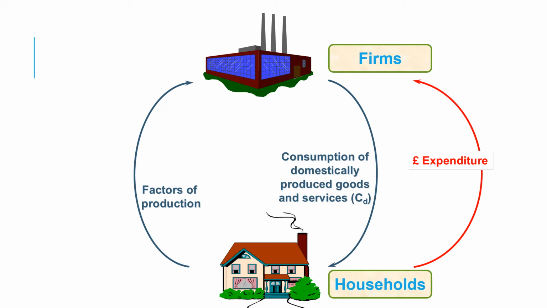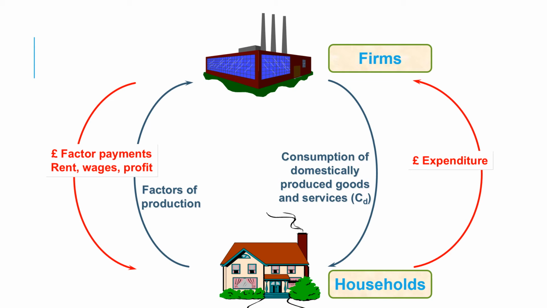Well, maybe they would pay their workers, or maybe the profits would go to the owners. Effectively, that money would flow back to the households at some point through either rent or wages or profits. So here we have a constant flow of money going around the economy. Households spend money which is earned by firms. Those firms return money to people who live in households, and the process continues.